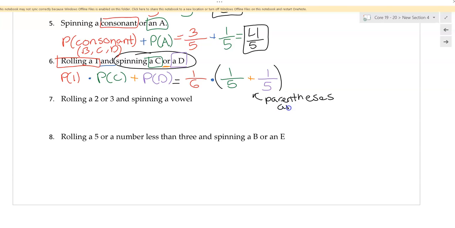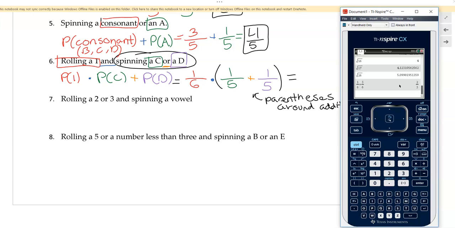Parentheses around addition. Always. Okay. So if there's a multiplication and addition in the same problem, you have to put parentheses around the addition. That way we can just throw this problem in our calculator all at the same time. Again, if you really want to practice your adding and subtracting fractions, feel free.